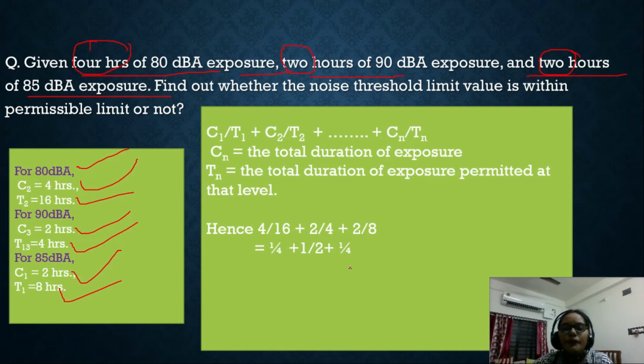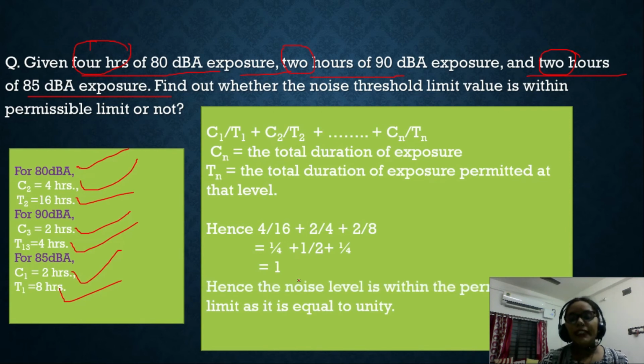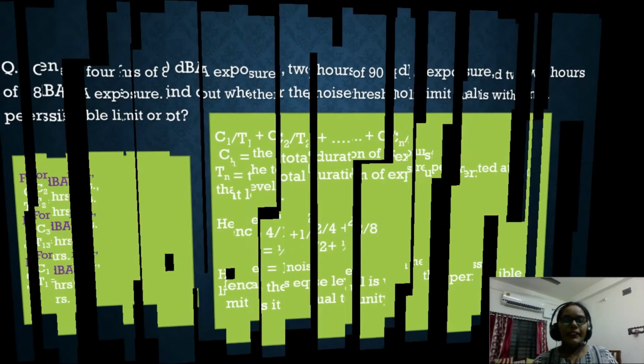The total is equal to 1, equal to unity. So the noise level is within the permissible limit, as it is equal to unity. If it is equal to unity or less than unity, it's okay. The noise level will be within the permissible limit. Okay, next question.